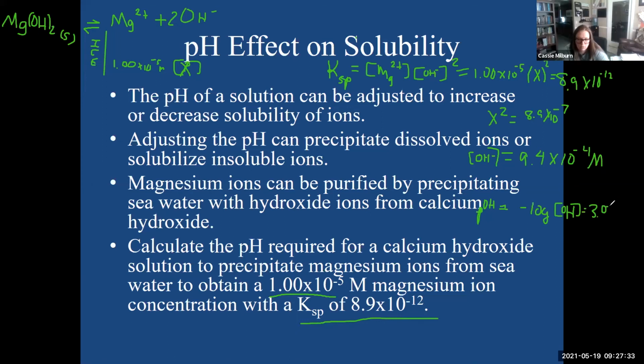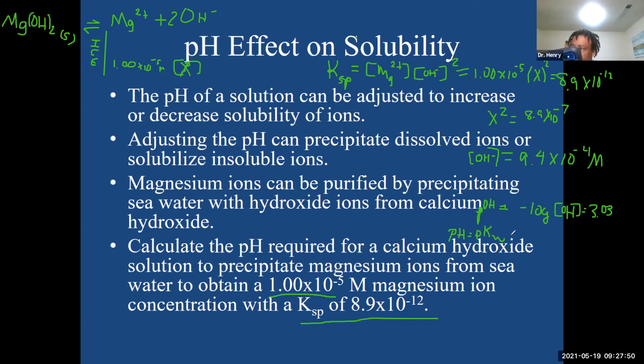3.03. Okay. Then our pH is going to be equal to our pKw minus pOH. We know our pKw is equal to 14.